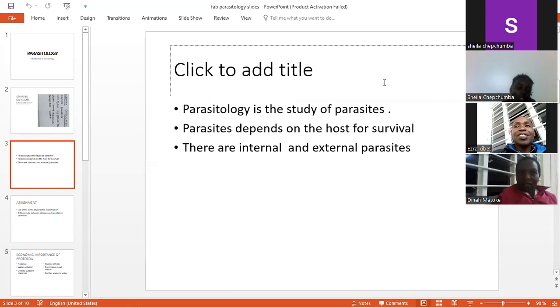Those that affect animals include, for example, liver flukes, and they cause a number of diseases in the animals. The same case to plants. We have parasites such as aphids that destroy the vegetative nature of the plant. Because when the cells are destroyed, the plants also get diseased. And as a farmer, you will need to treat the plants to obtain maximum output from it. Are we in agreement?